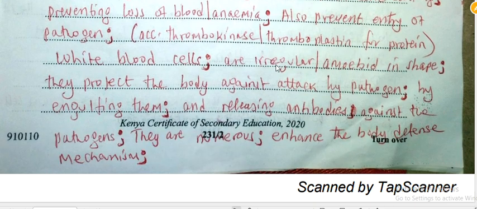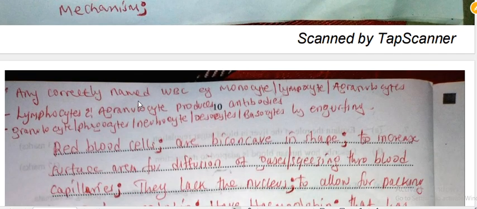Then the white blood cells are irregular or amoeboid in shape, and they protect the body against attack by pathogens by engulfing the pathogens and also releasing antibodies against the pathogens. They are also numerous to enhance the body defense mechanism.